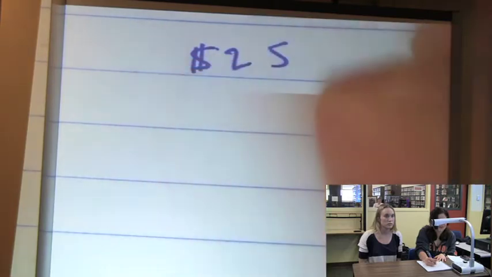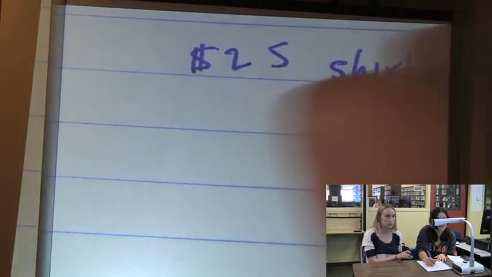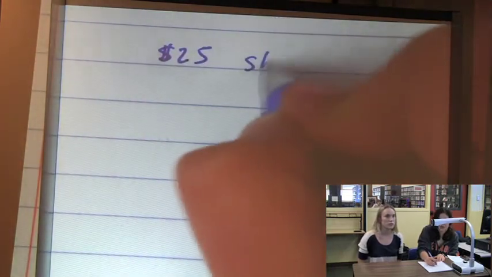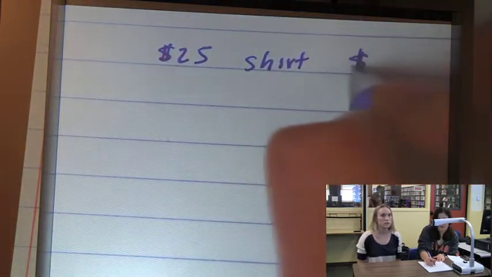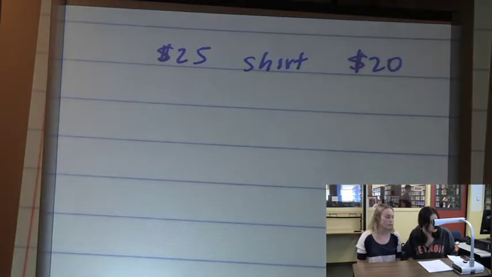So with percent discount, say there was a $25 shirt, and it's marked down to $20.